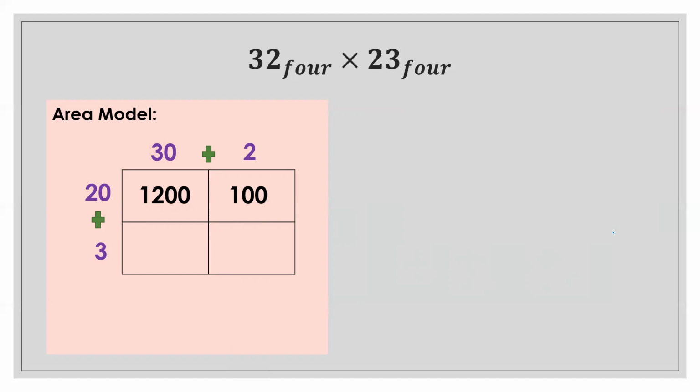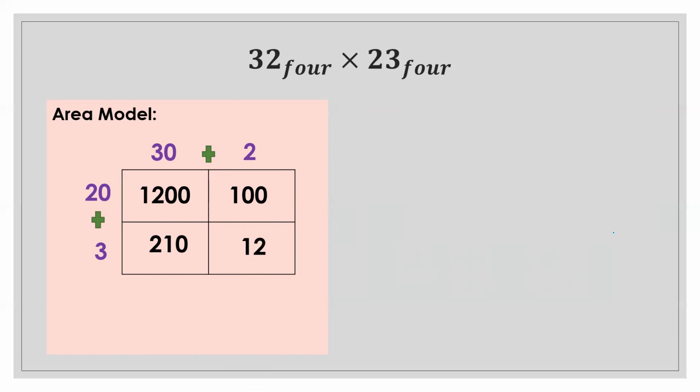Okay, then the answer to the third box there is 3 times 3, and it will end with 1, 0. And 3 times 3 is 2, 1, so the answer would be 2, 1, 0 for that box. And then 3 times 2 we know is 1, 2.